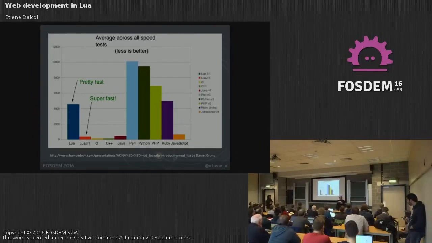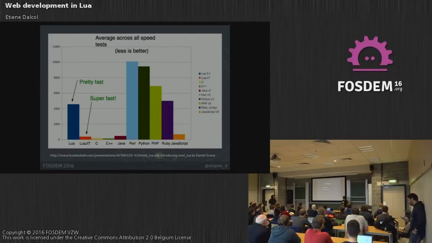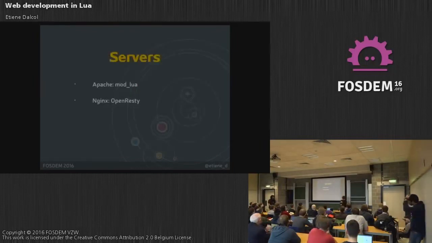One of the main complaints we have in the Lua community, though, is the lack of tools and the lack of environment to support web development. However, this is no longer true. I have been exploring the web development area of Lua for about 2 years now, and many things have changed. So we do have the tools today. So let's take a look.